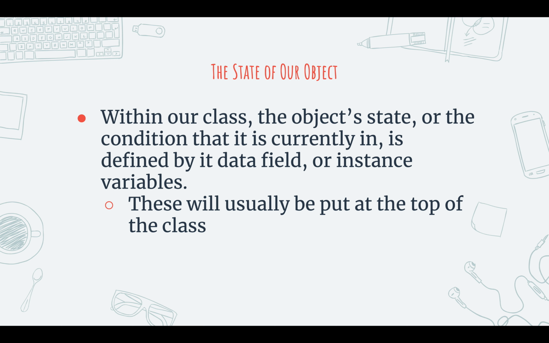Within our class, the object state, or the condition that it's currently in, is defined by data fields or instance variables. And we usually put instance variables or data fields on the top of our program. These are basically variables, and they contain attributes, one could say, about our object or the state of our object.